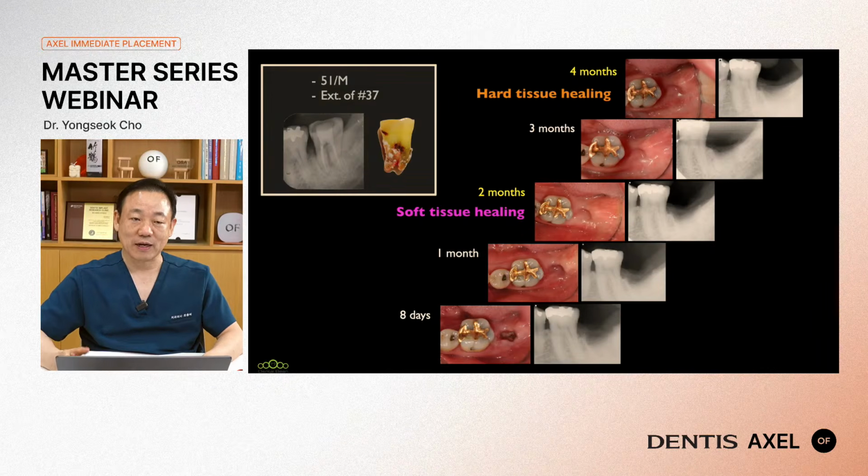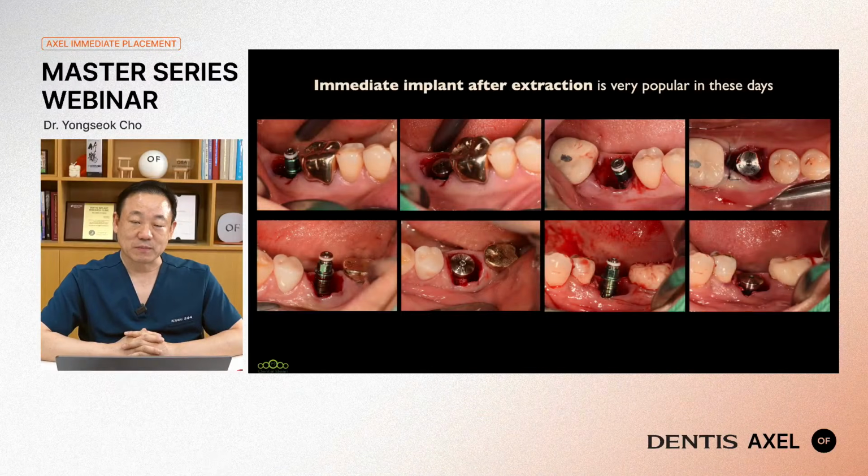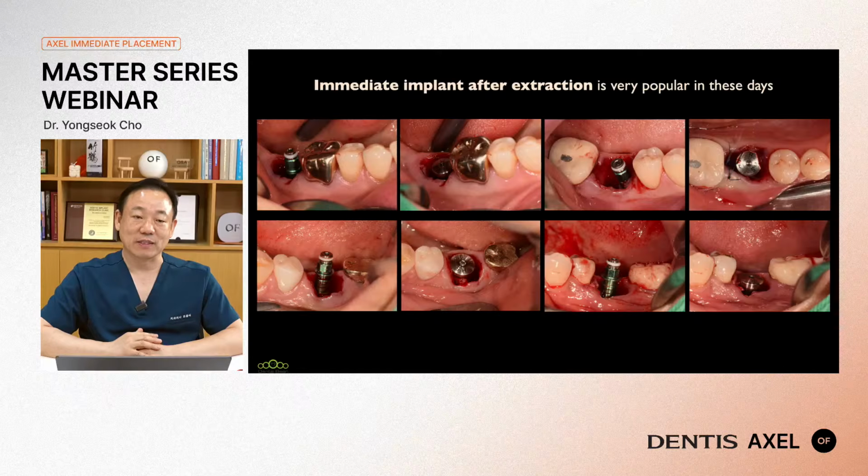So we need more time to heal the bony site. In this case, immediate implant placement is very popular. So many dentists have interest in how to place implant immediately. Okay? Not only in mandible, also maxilla, anterior, posterior.